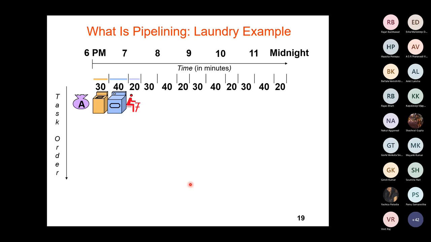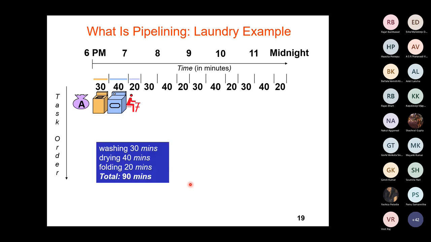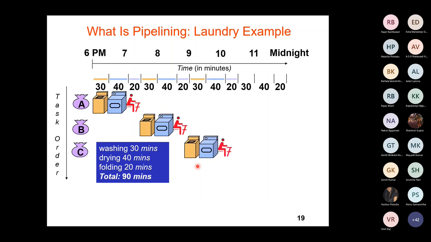Once student A finishes, student B arrives and does the same thing. Again, it takes 90 minutes, and for student C another 90 minutes, and student D another 90 minutes. So 90 times 4.